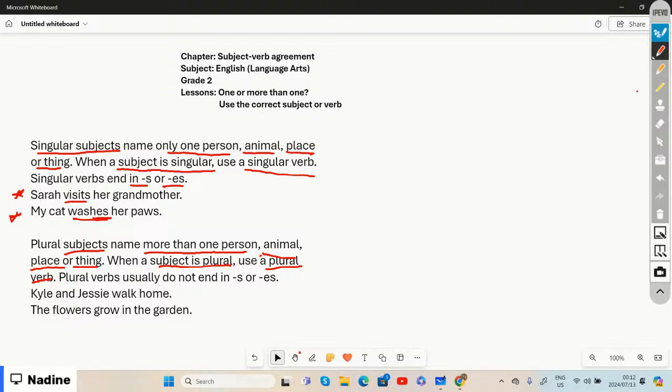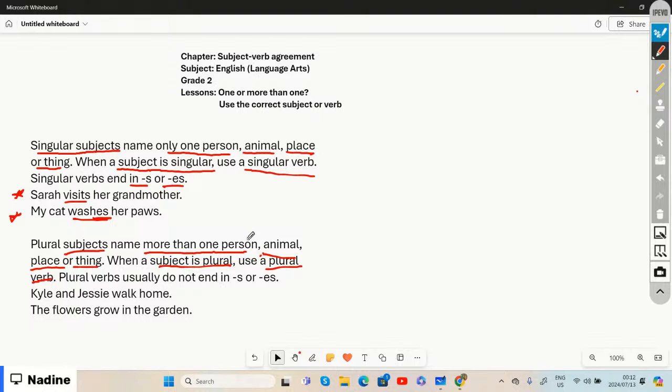All right. So we said that a plural subject refers to more than one person, more than one animal, more than one place, or more than one thing. And when the subject is plural, we use a plural verb.